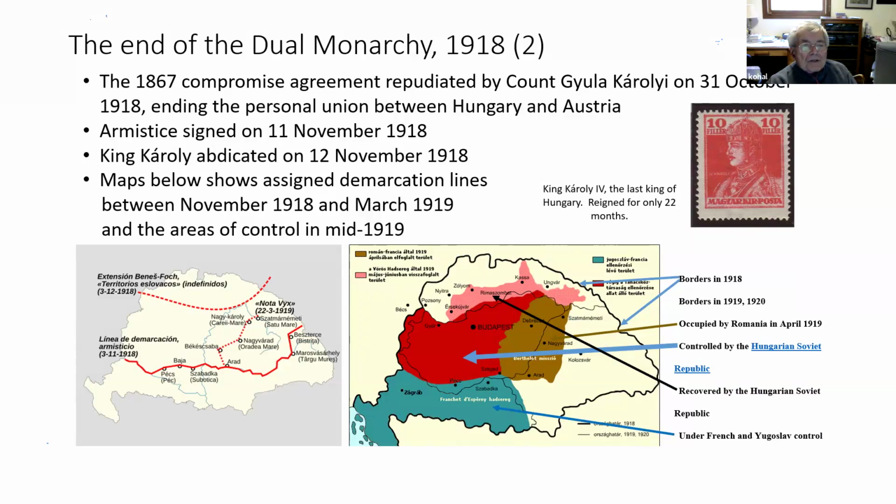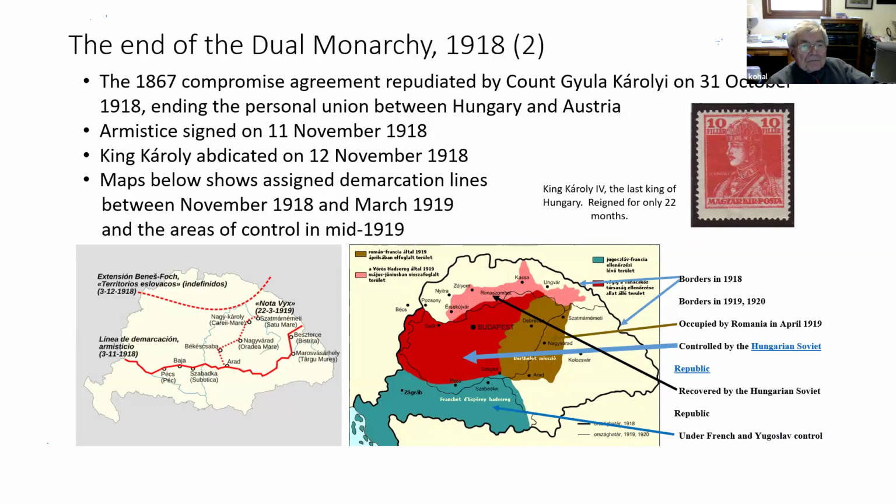The map below shows the demarcation lines as part of the armistice agreement. It started the process of the dismantling of historical Hungary, and the borders were not officially defined until the peace treaty was signed in 1920, but the military occupation resulted in fluid borders.